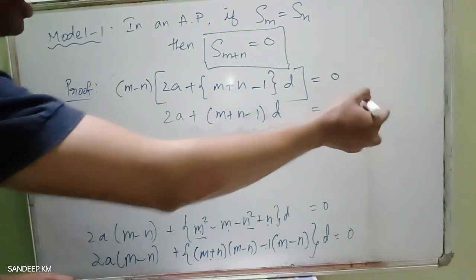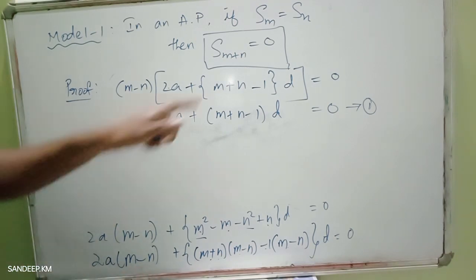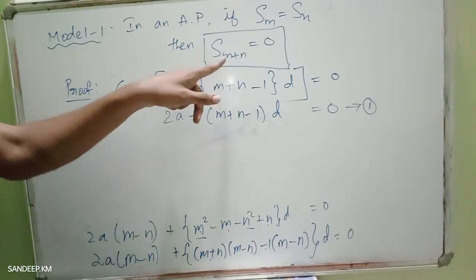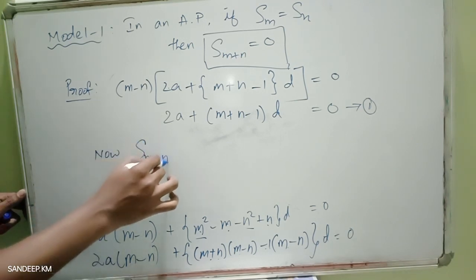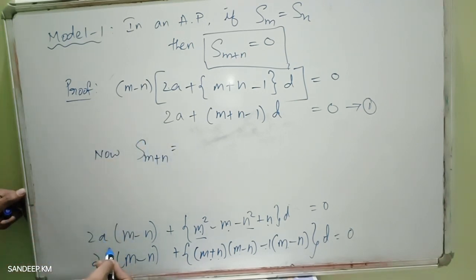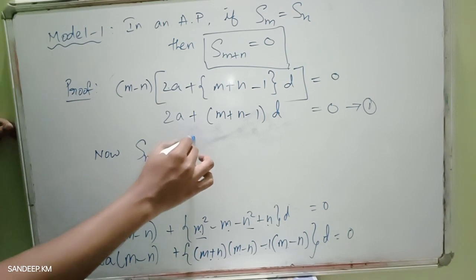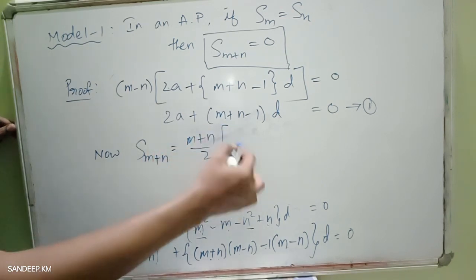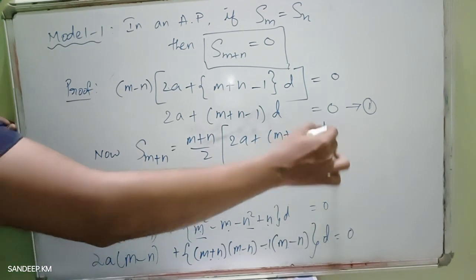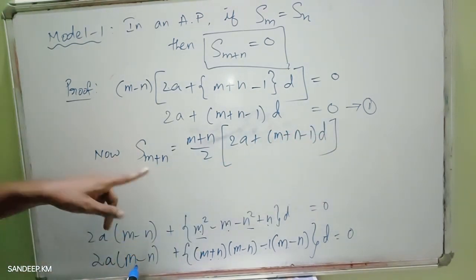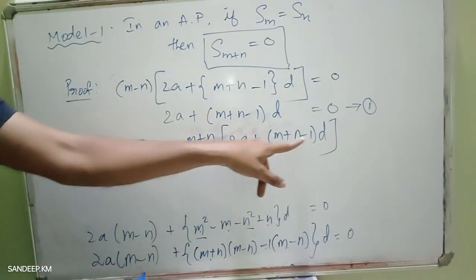If I call it equation number 1, we are supposed to prove that the sum of m plus n terms is equal to 0. Now the sum of m plus n terms using the Sn formula, Sn is n by 2 into 2a plus n minus 1 into d.